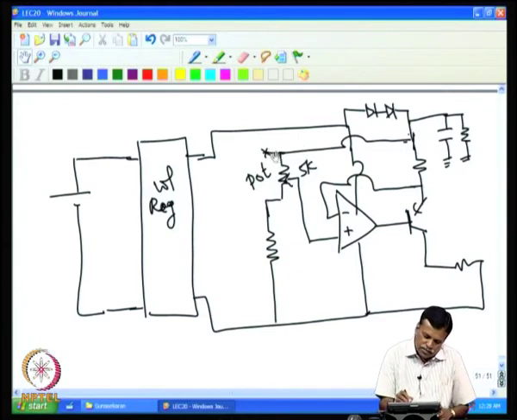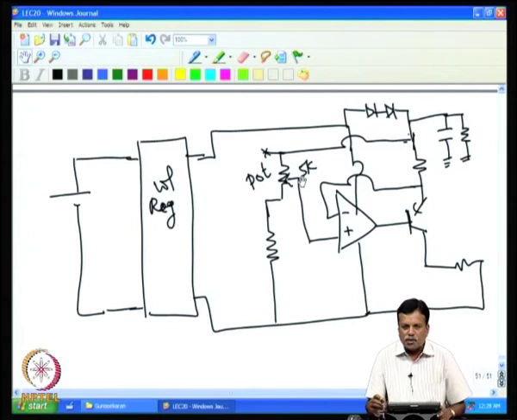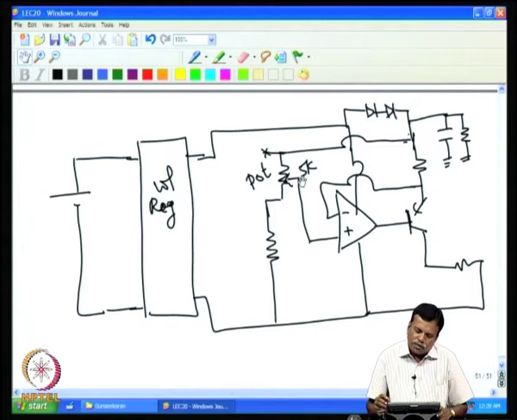Similarly, if I had designed around 2 volt across this, then when the potentiometer is moved to the other extreme, I should get 2 volt across this. You may not get 2 volt, you may get only less than 2 volt. So, this problem has to be handled, and for that we have to provide 0 and span adjustment.